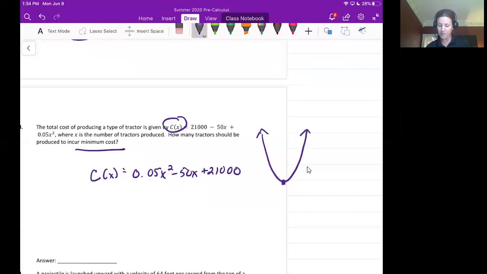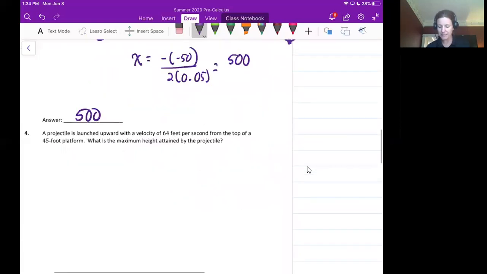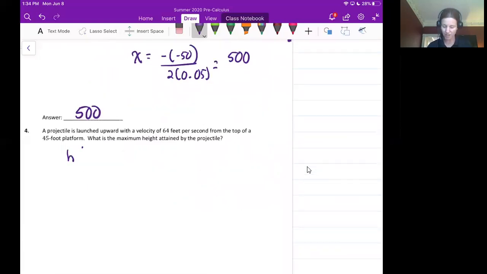And I know that my minimum is going to occur at the vertex, so negative b over 2 times a. And when I multiply that out, I get that there are going to be 500 tractors that would minimize the cost.